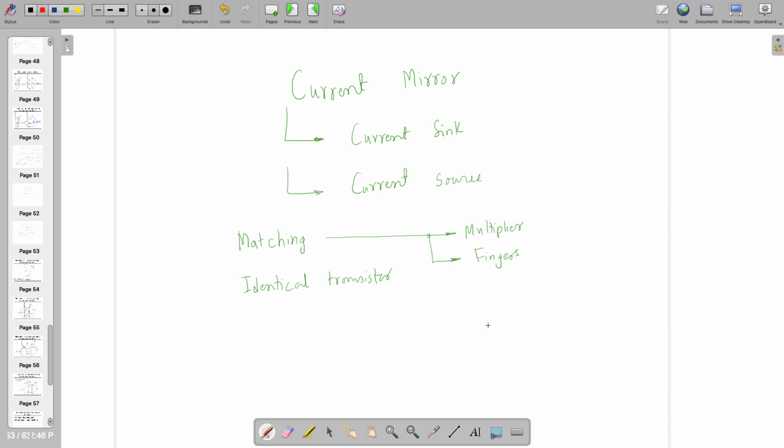However, in the case of Cadence, there are various terms like width, length, multiplier, finger, and width per transistor, or you can say some equivalent name, effective width per transistor.